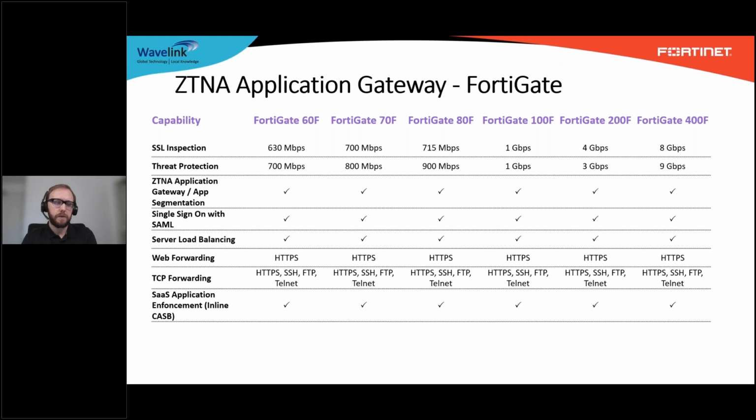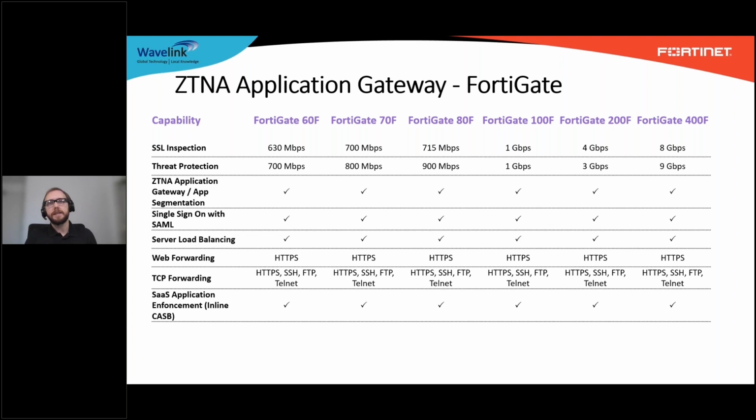And it also gives you access to a whole range of additional services that are coming out with the new version of FortiOS 7.4. Now, another great benefit of Fortinet's ZTNA solution is that on the FortiGate, the exact same functionality is supported across all of their FortiGate models, meaning that you get the same user experience from a technology standpoint, regardless of if you buy a small or a large hardware appliance or deploy a FortiGate VM.